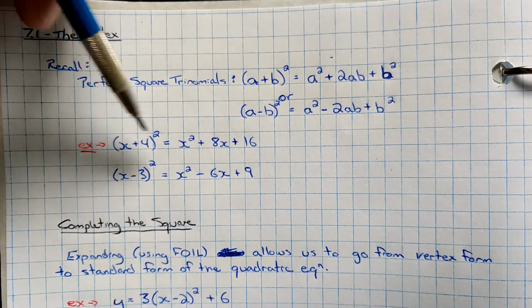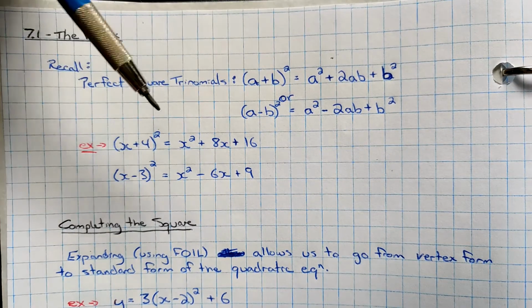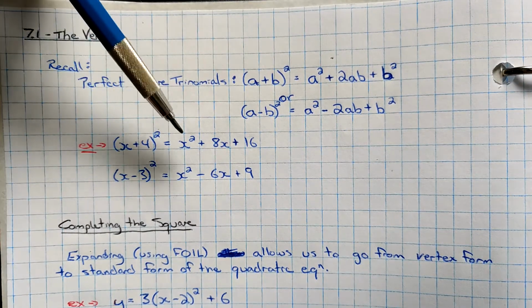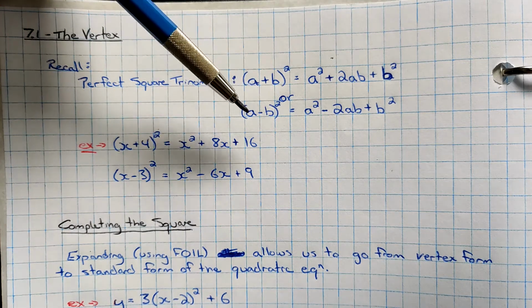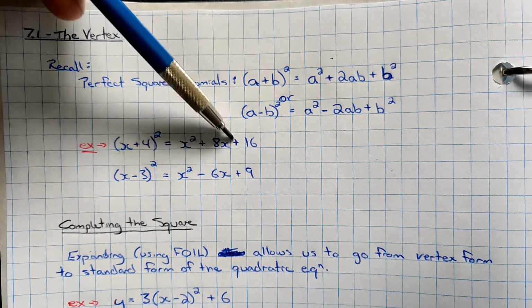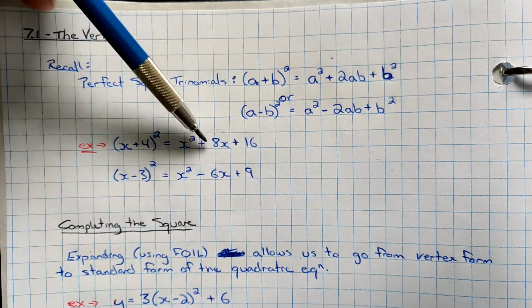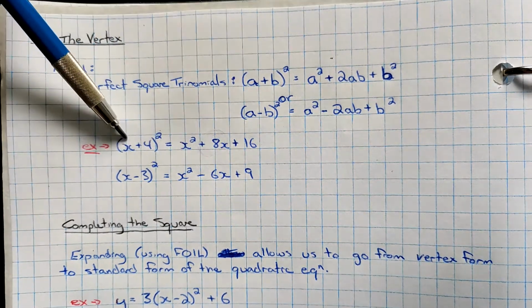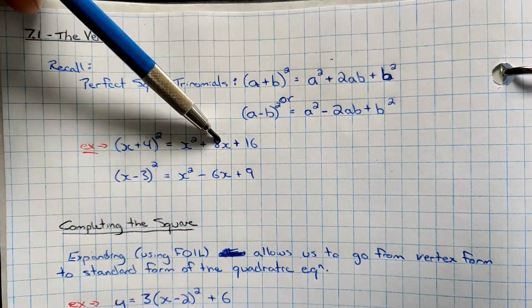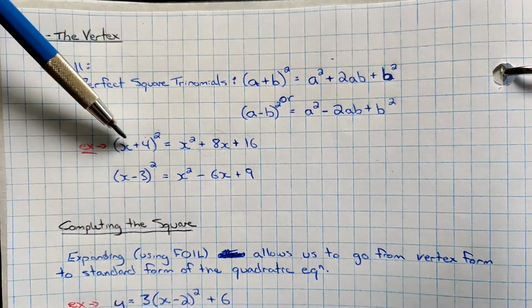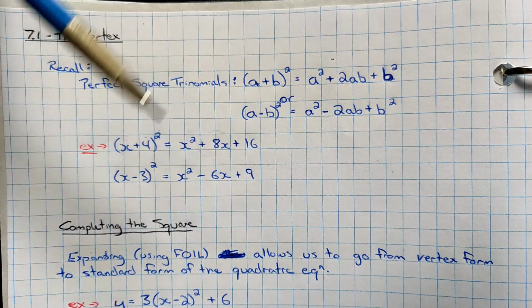If I have (x plus 4) squared, then you would get x squared plus 4x plus 16 when you FOIL it out, and that 4x plus 4x, that's that 2 times ab. So there's our a value squared, there's our b value squared, and then there is 2 times 4 times x right there.